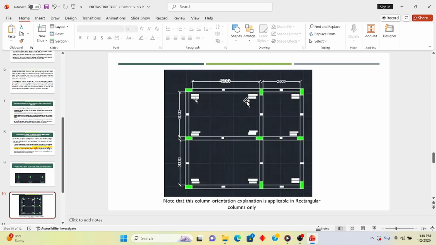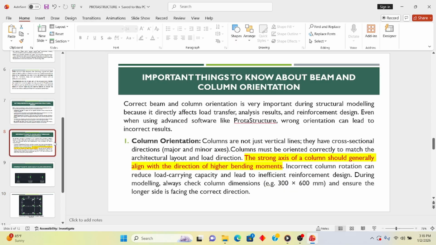Now, you would see that this particular beam is longer than the beam here. So in order for us to orient our rectangular column, it must be in the direction of the one that is longer, since this one will subject it to a higher load than the beam at this side. When we want to orient it according to this statement, it says the strong axis of a column should generally align with the direction of higher bending moments.